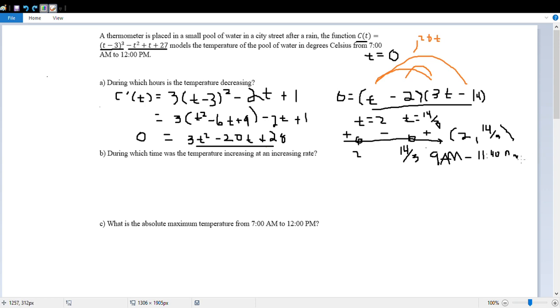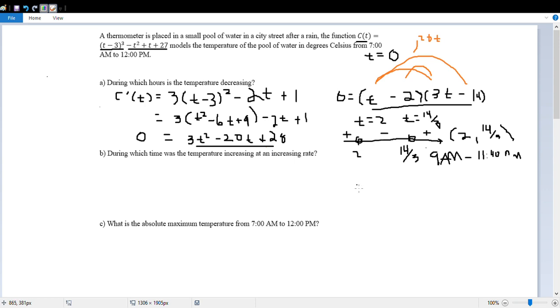Okay. All right, next. During which time was the temperature increasing at an increasing rate? So we've seen questions where we're asked when is a function changing at an increasing rate? When is the slope changing at an increasing rate? Well, I'm going to ask this one a little bit differently, just to give us something else to think about.